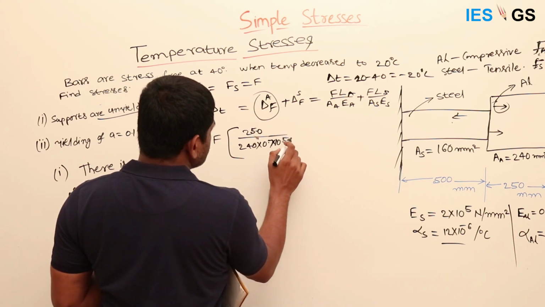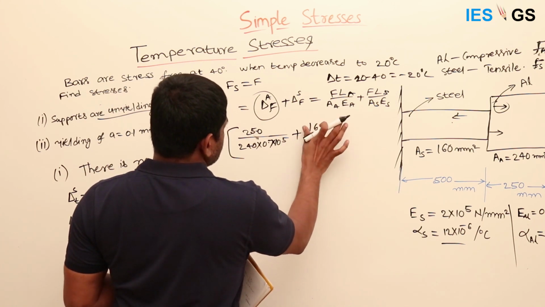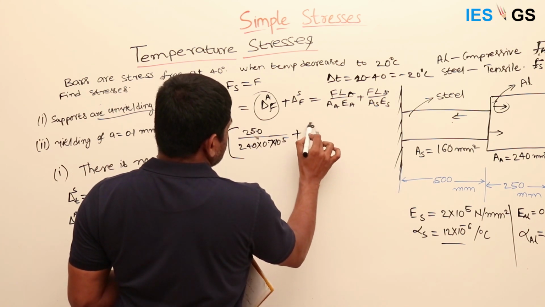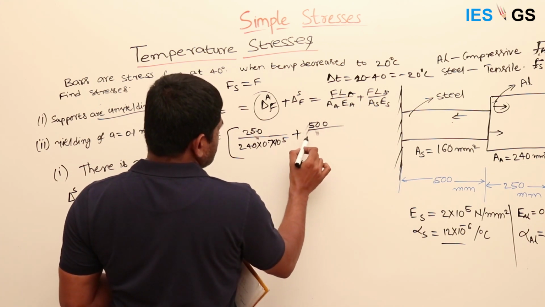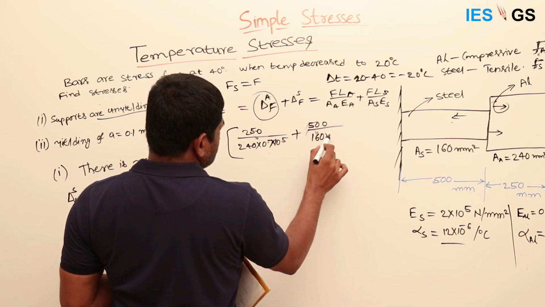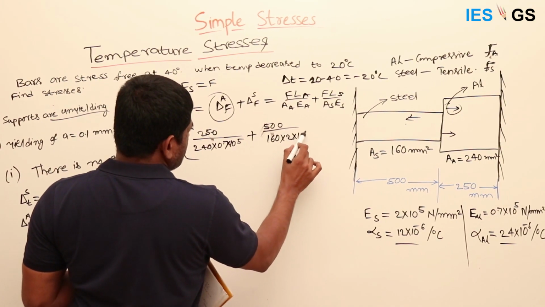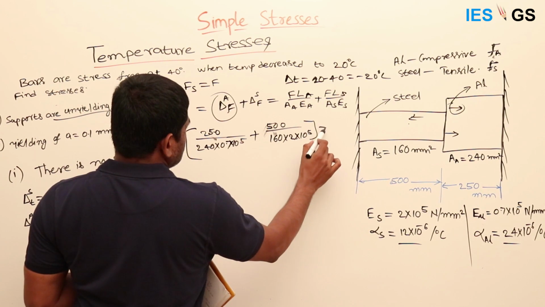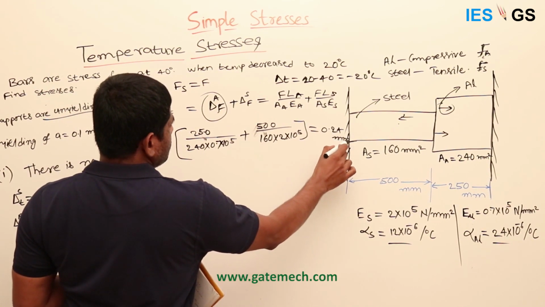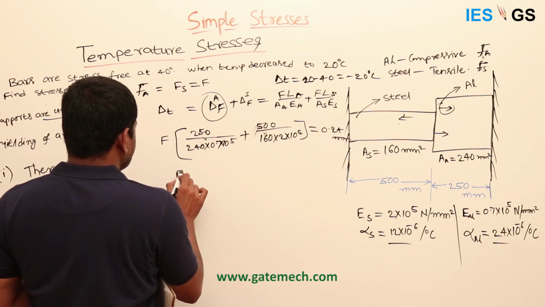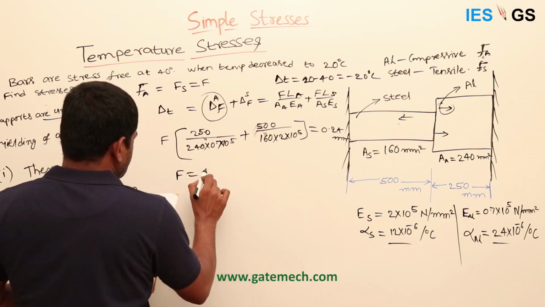I am keeping everything in mm. This is 160, this is 500 divided by AS, 160 into ES, 2 into 10 power 5. That equals 0.24 mm.